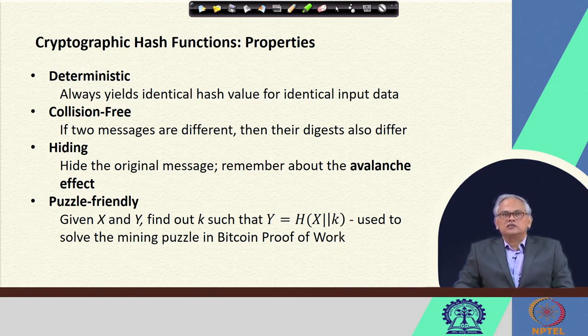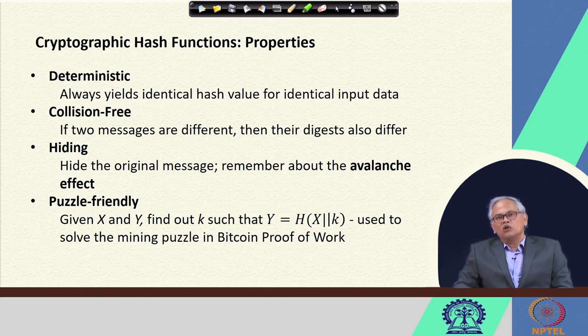The third important property is hiding of the original message information. What does it mean? If I apply the cryptographic hash function on a message m1 to get its digest h of m1, and I have another message m2 for which I get the digest h of m2, then by looking at these two digests, I should not be able to figure out which m2 would generate that h of m2.